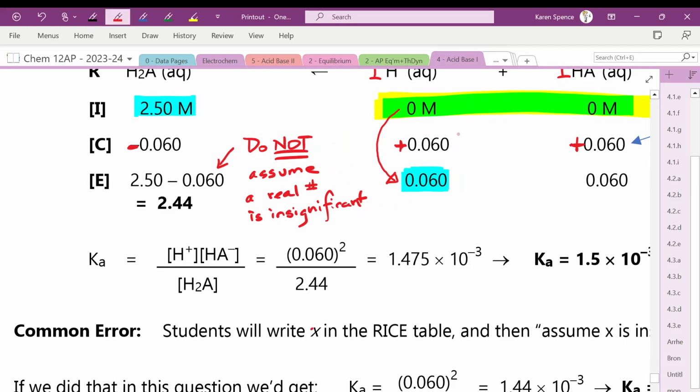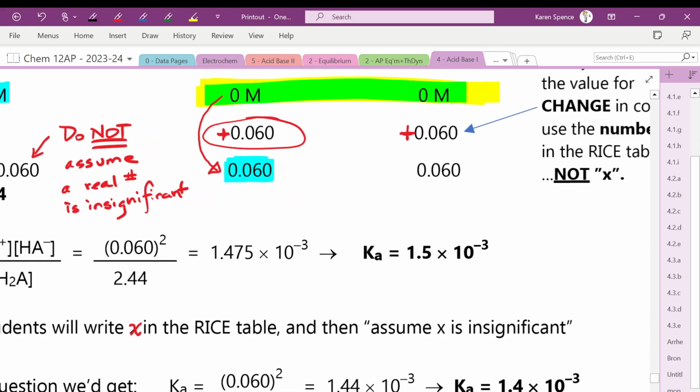Students, instead of writing the actual numbers, will write X in the RICE table, and then that leads them to assuming X is insignificant. So make sure that if you have a real number to put in the RICE table, you put the real number in instead of X, because sometimes that'll lead you to making assumptions that are not true.